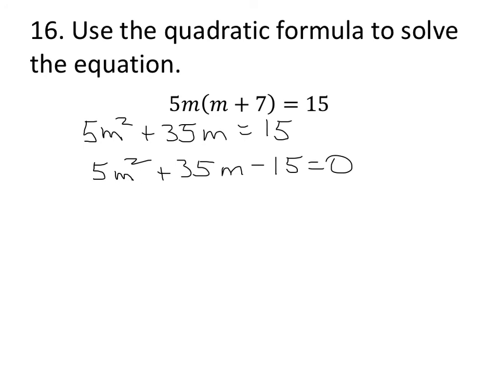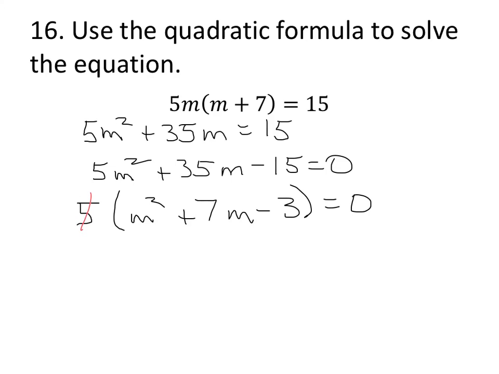And then we can divide everything by 5, or pull out the common factor of 5. So we get m squared plus 7m minus 3 equals 0.